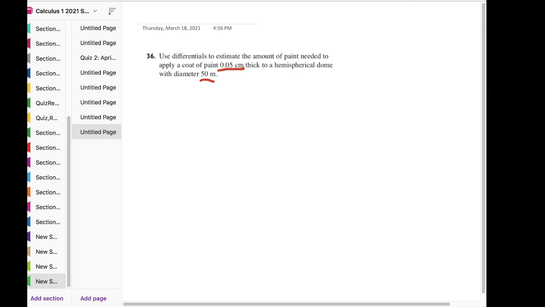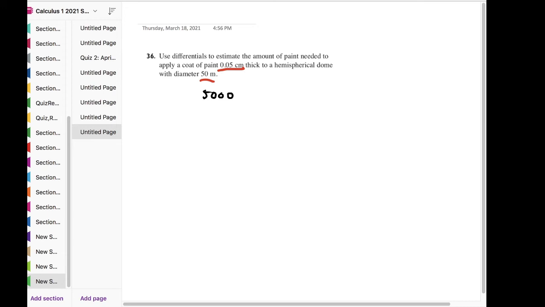So maybe change the 50 meters into, what is it, 50,000 centimeters? Multiplied by 100, right? So not that. 5,000 centimeters.